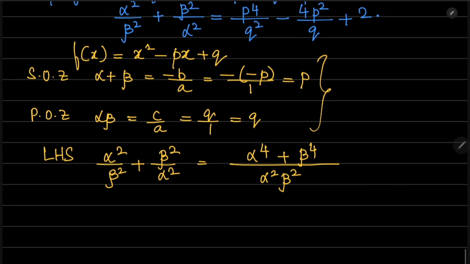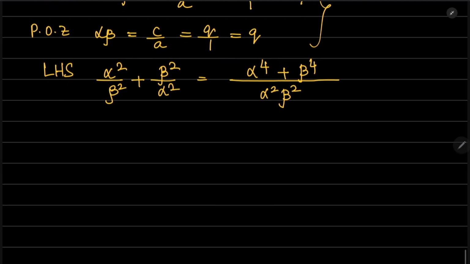Right? Now, let us write a relationship that we just learned in the previous question: alpha square plus beta square is equal to alpha plus beta the whole square minus 2 alpha beta.